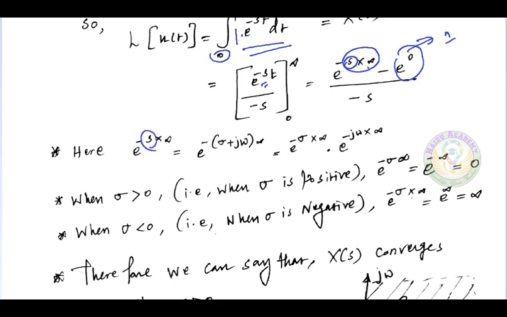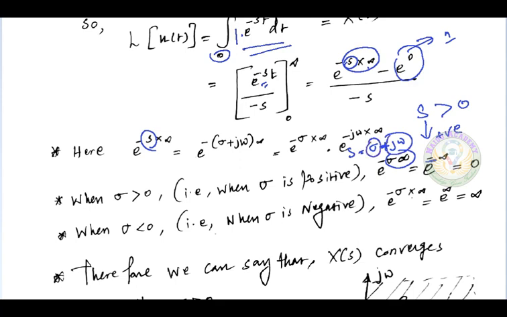If the s term is greater than 0, that is, if it is positive, then naturally this term will become negative. Here s is sigma plus j omega. When you are going to find out the region of convergence, you need not bother about the j omega, you just bother about only the real term.